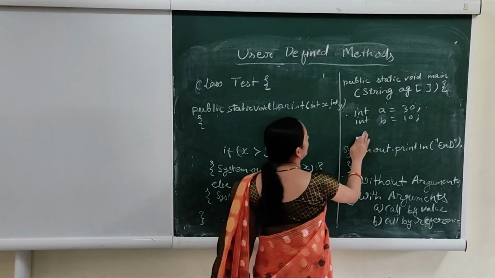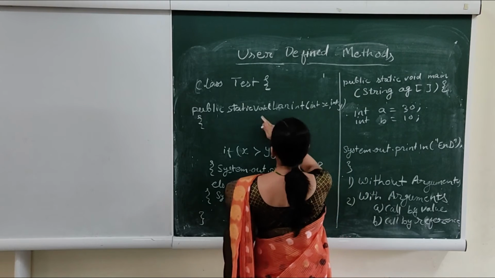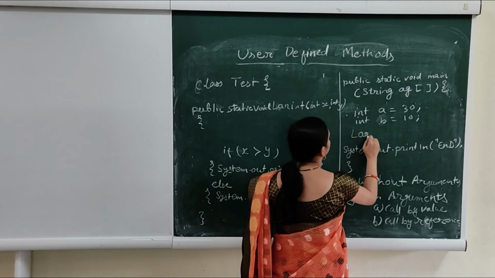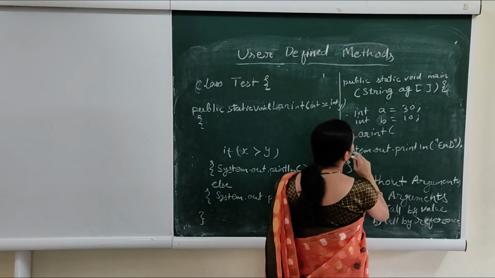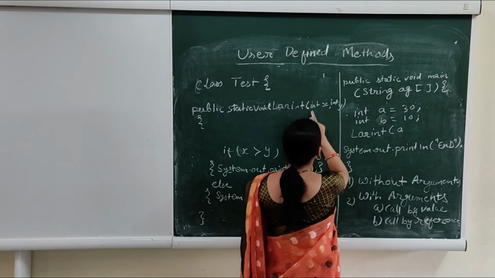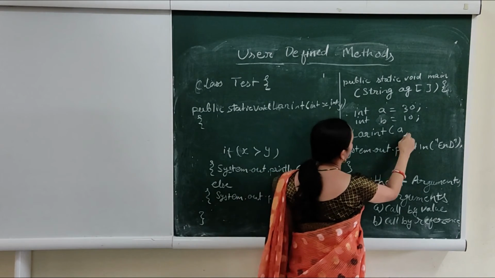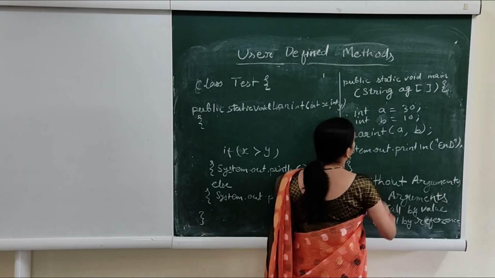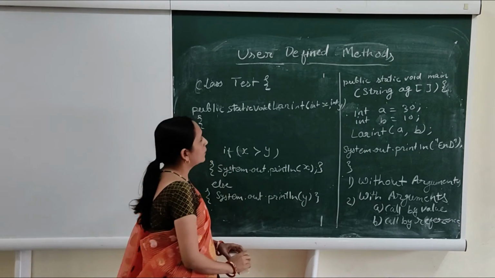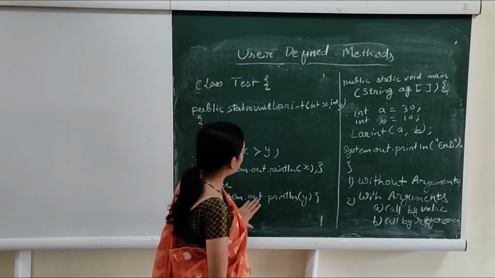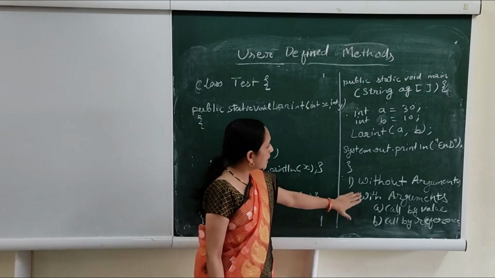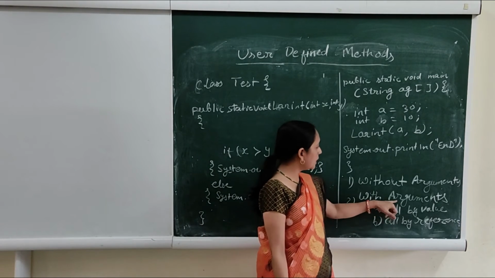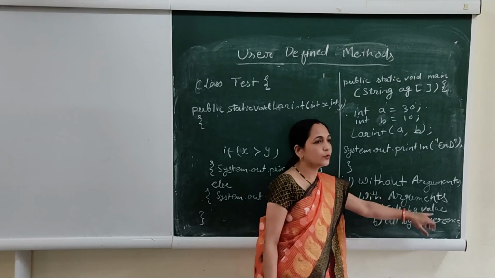Now we will call the function, lar int. As it requires 2 integer type values, I am providing it a and b. This is the example of call by value. Call by value means we are calling the function by providing values.